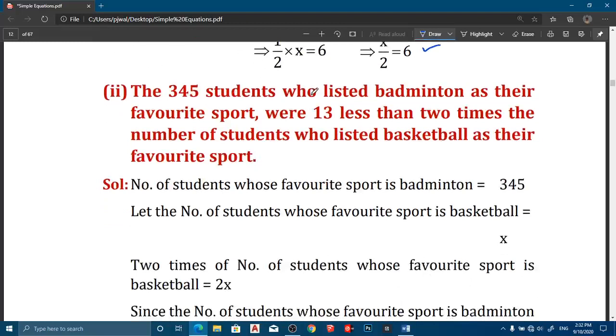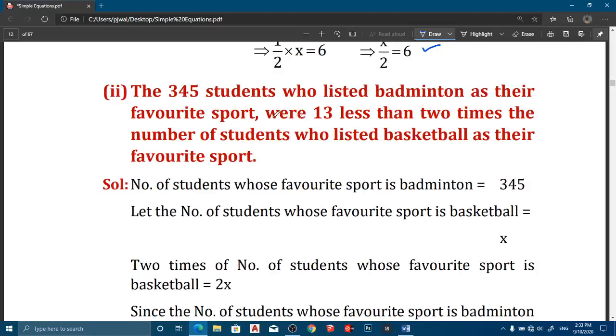345 students listed badminton as their favorite sport. That means how many students have badminton as their favorite sport? 345 students.